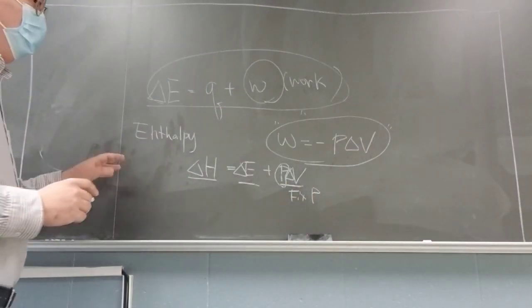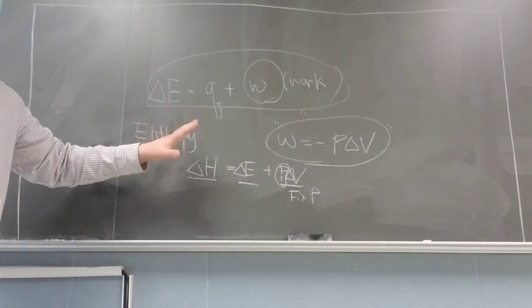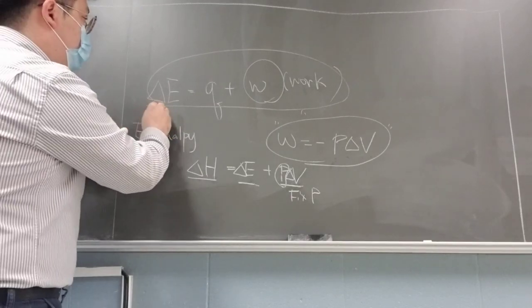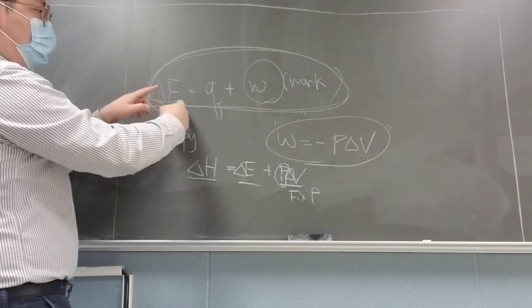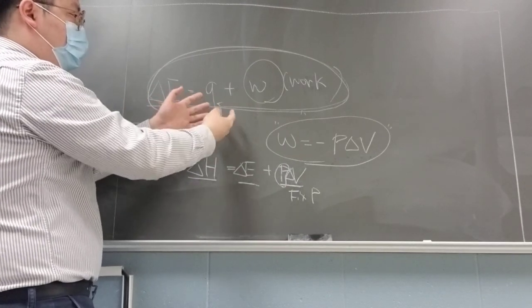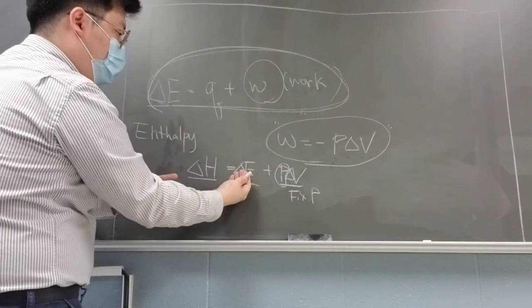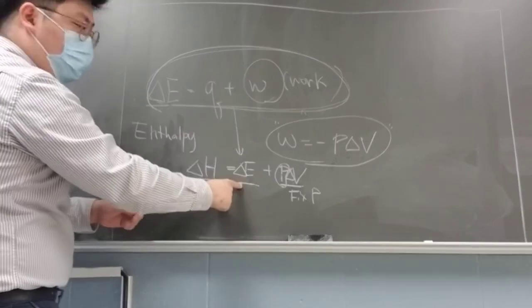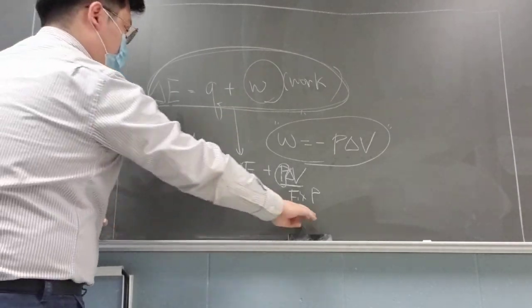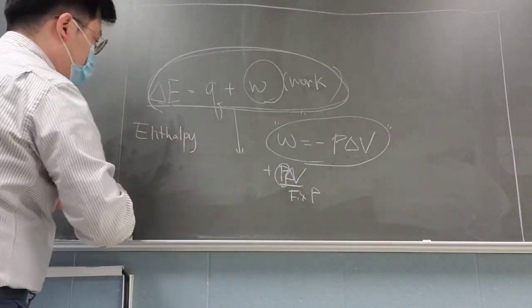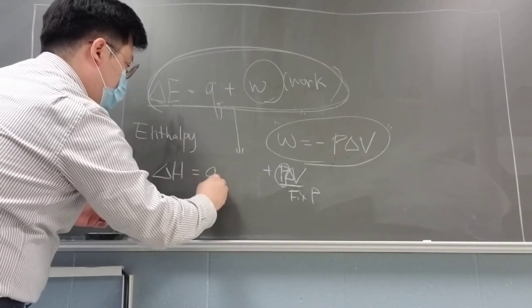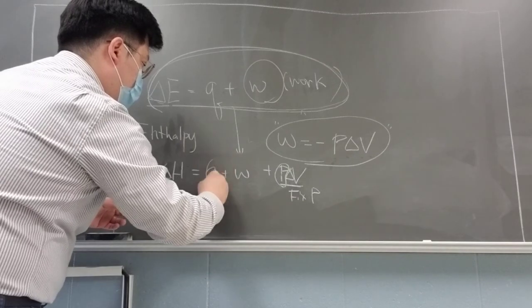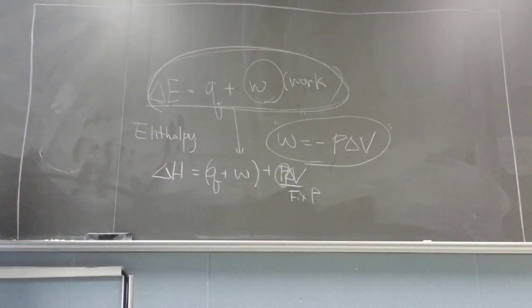Okay? And then what I'm gonna do here is, do you see this one over here, right? The change in energy is equal to Q, which is the heat energy, plus work. Okay? So I'm gonna copy right here. Make sense, right?